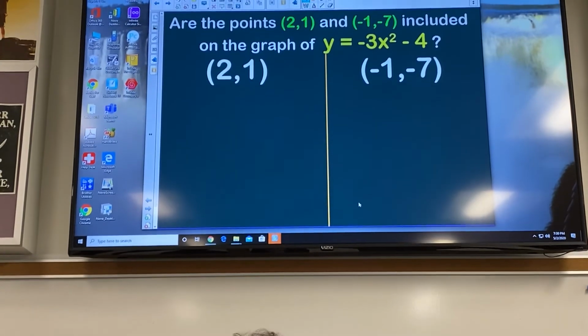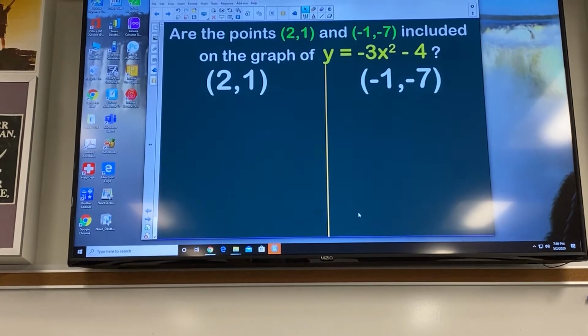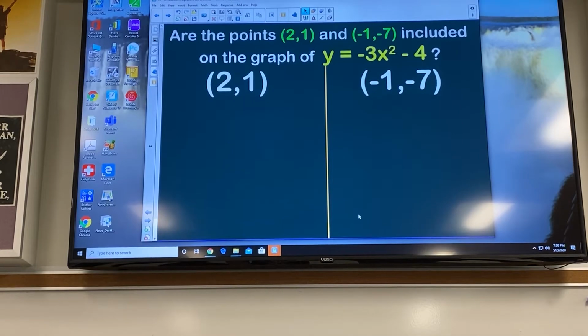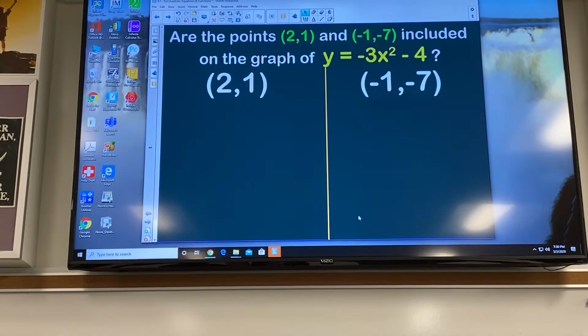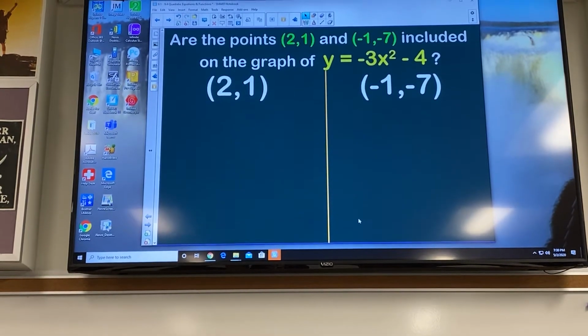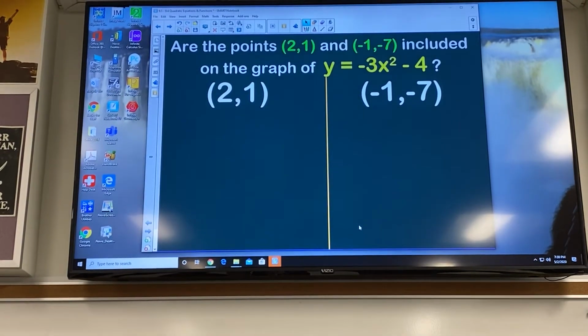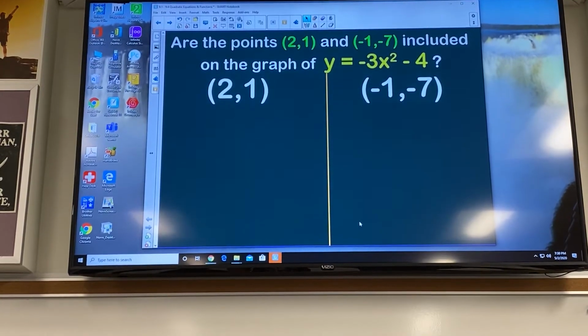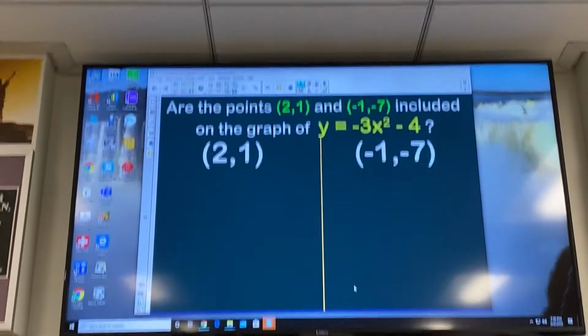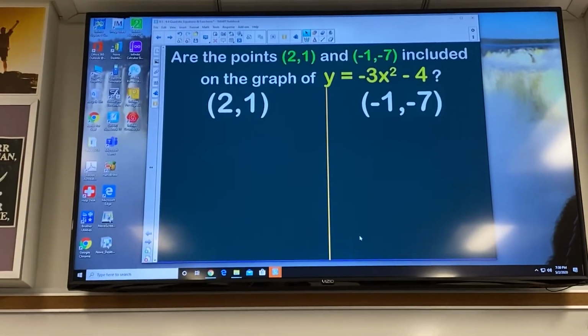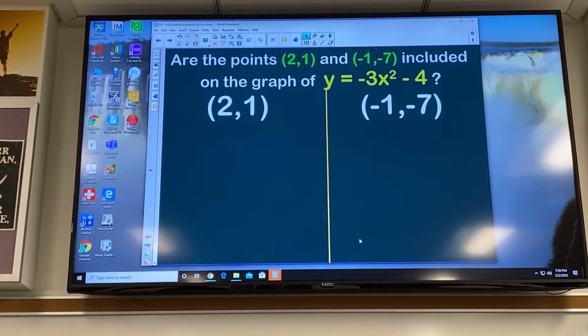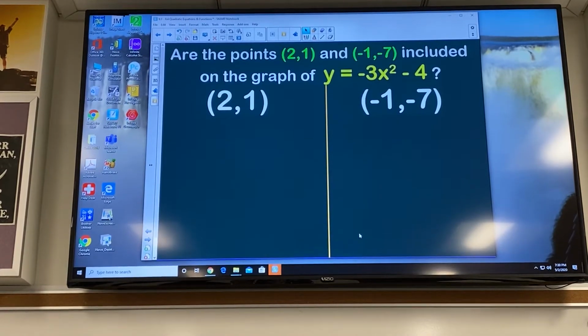The question says, are the points (2, 1) and (-1, -7) included on the graph of y equals -3x squared minus 4? For a point to be included on the graph, that means when you plug that point in for the coordinates x and y, you get a true statement. That's what a graph of anything is. It's just a picture of all the points that make that equation a true statement.